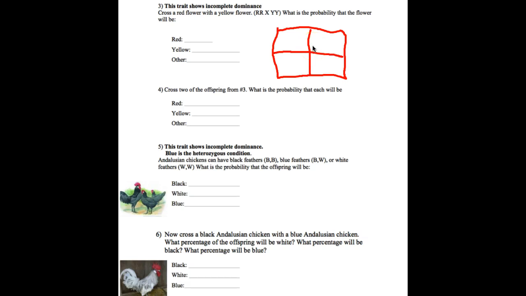If the red is incompletely dominant over the yellow, we have red, and again we're using different letters to help wrap our heads around this, and we have red, yellow, red, yellow, red, yellow, red, yellow.